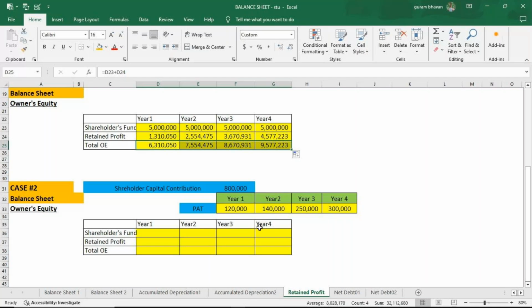Any doubts, please ask. Are you people able to solve this?